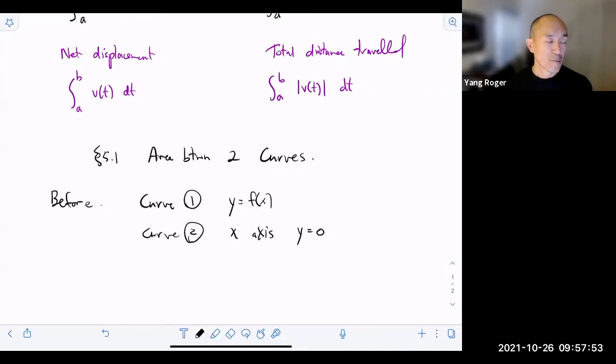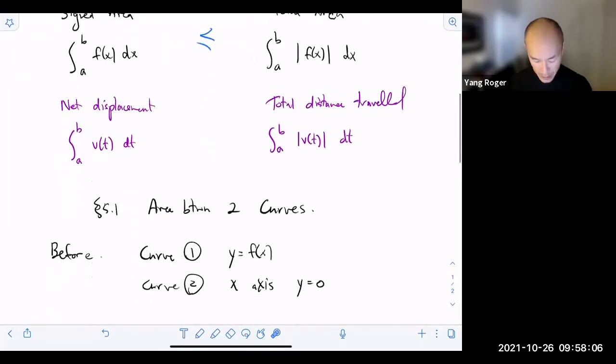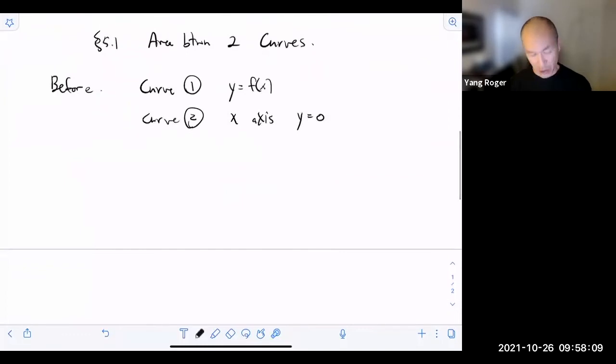And what I want to do now is change what this second curve is. So instead of having it be the x-axis, I want it to be any curve. And what you saw when you looked at that video was that to find the area between two curves, you could just integrate from A to B one function minus the other function with respect to x.